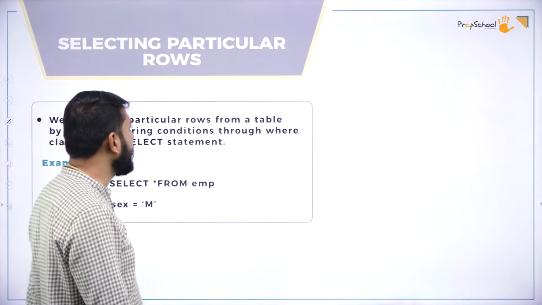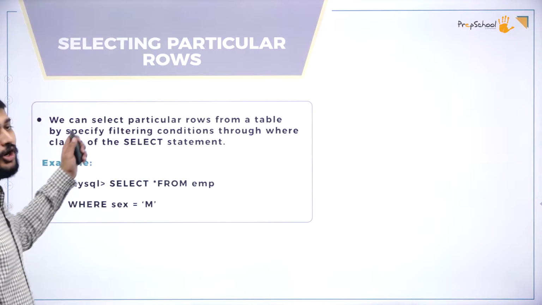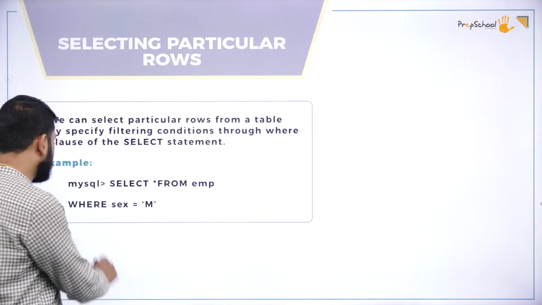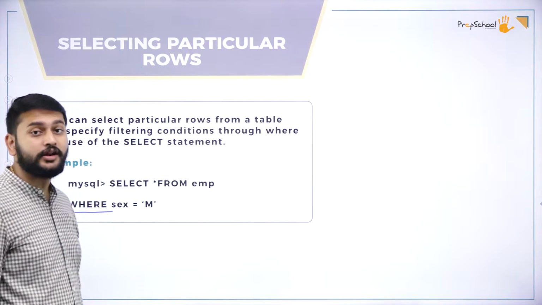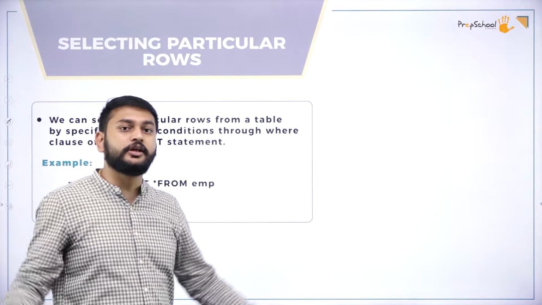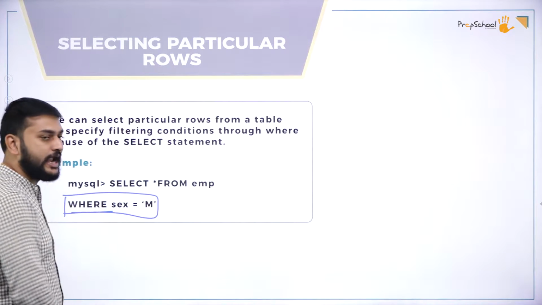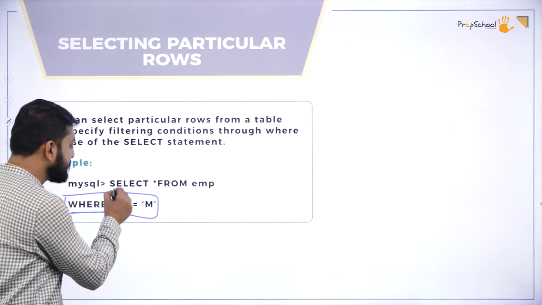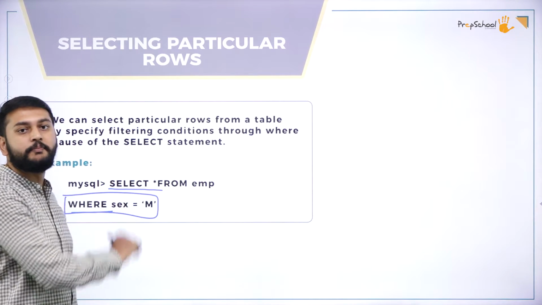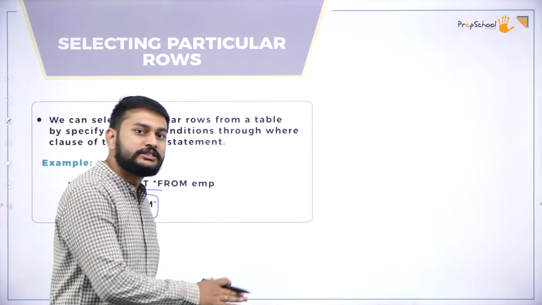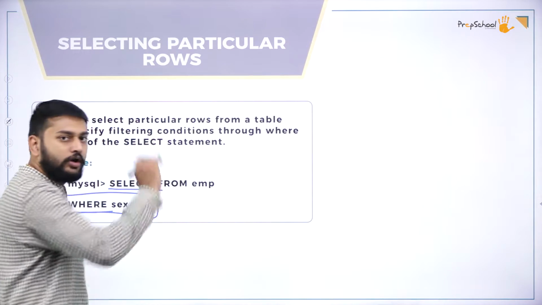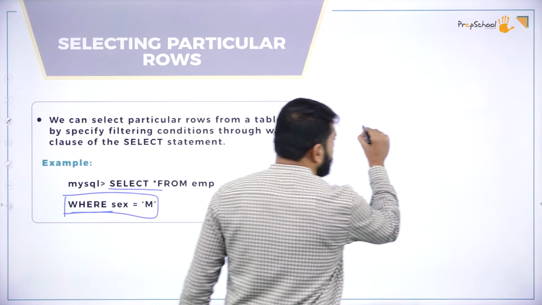Moving on to the next one, selecting a particular row. I have already discussed this where clause. If I want to select a particular row, I will use this where clause with a condition. Select star from EMP. Star means all the columns, whatever columns I have. Listen carefully.